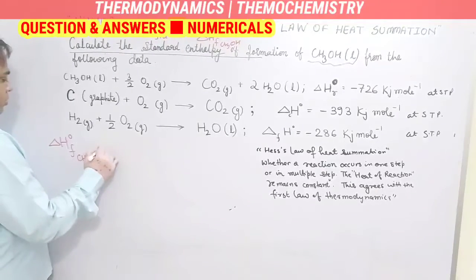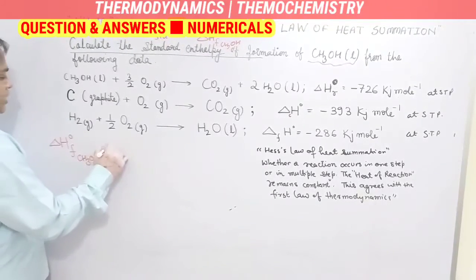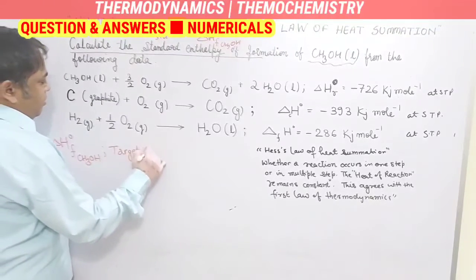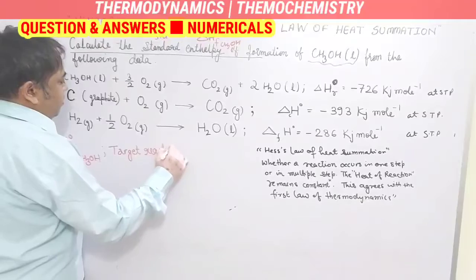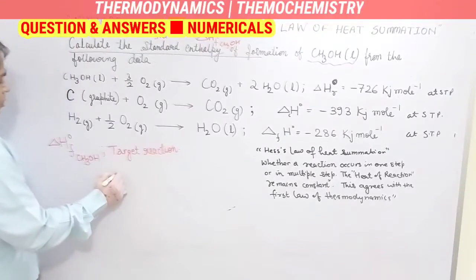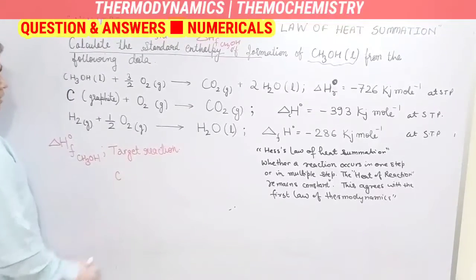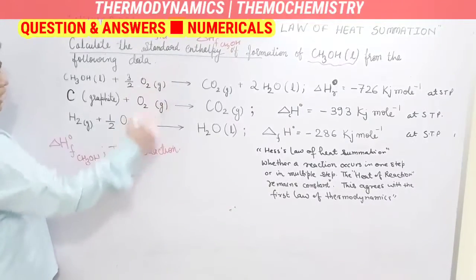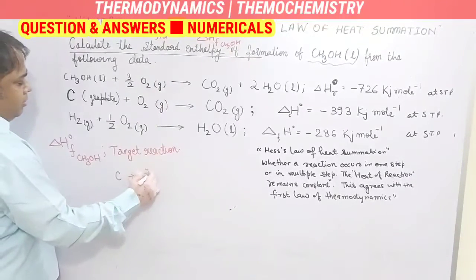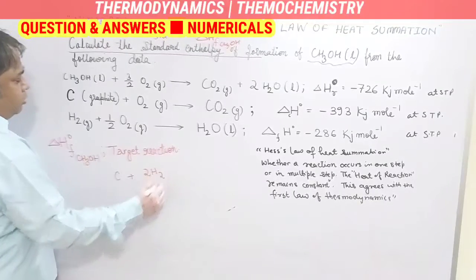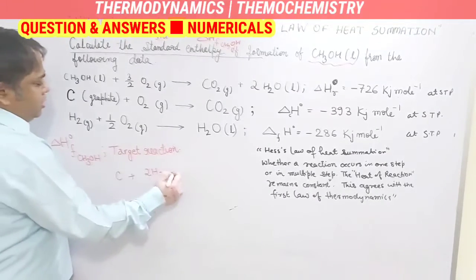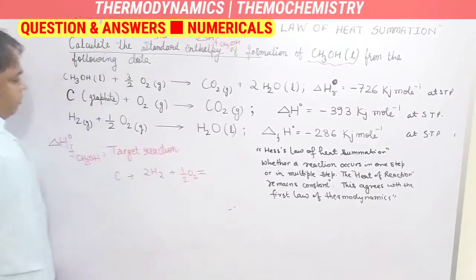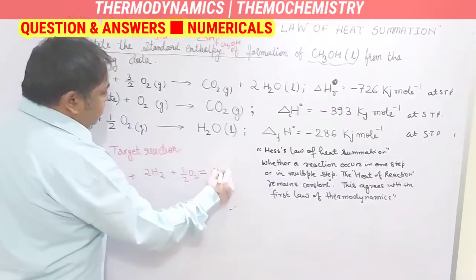So for this, the target reaction should be: one carbon is required, and 4 hydrogens are required. So we can take 2H2, and 1 oxygen is required, so we can take half O2. This should form CH3OH.